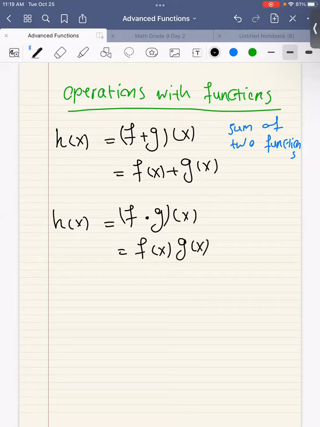Pointwise means at each point x, f times g is equal to f of x times g of x. So this is called pointwise multiplication, or product.